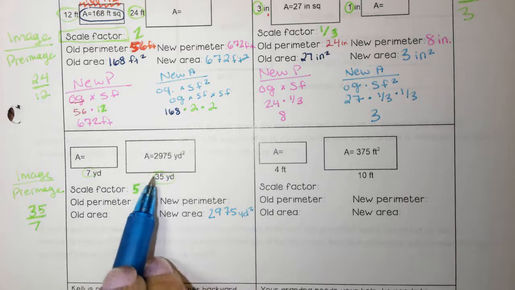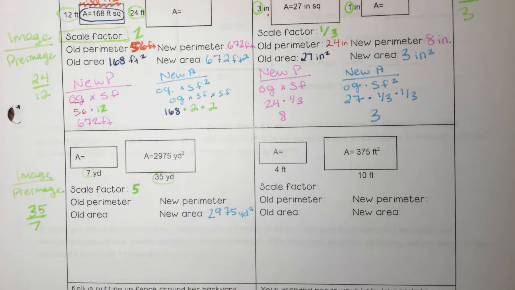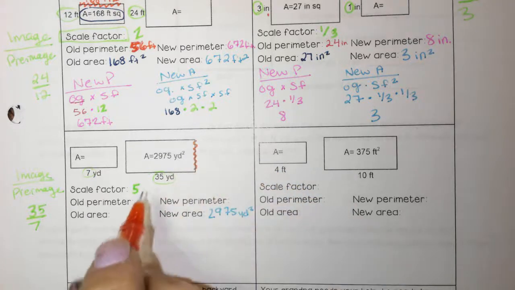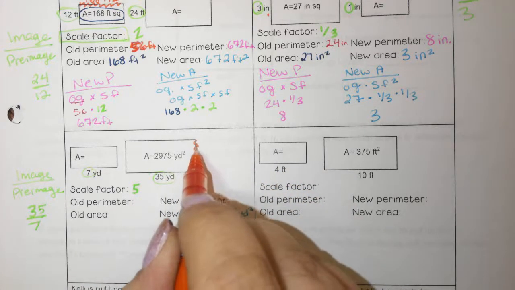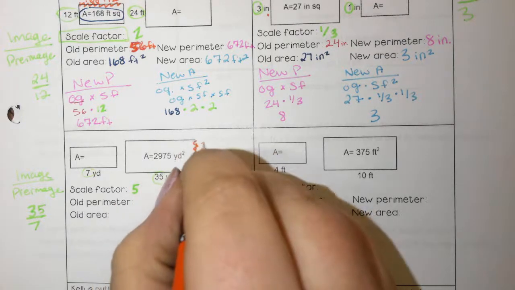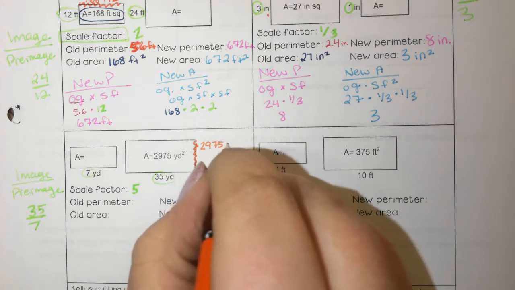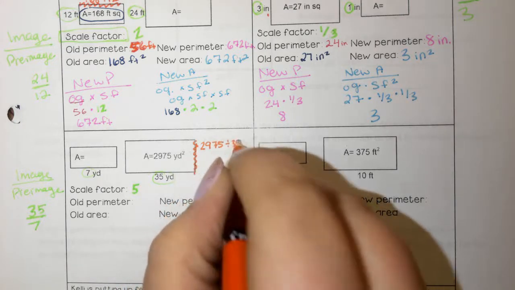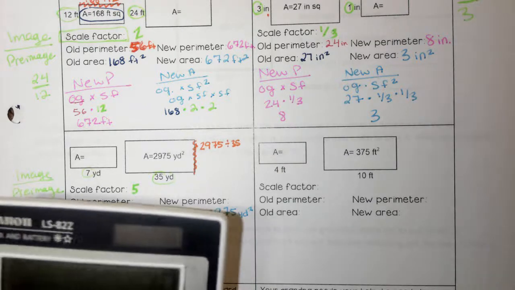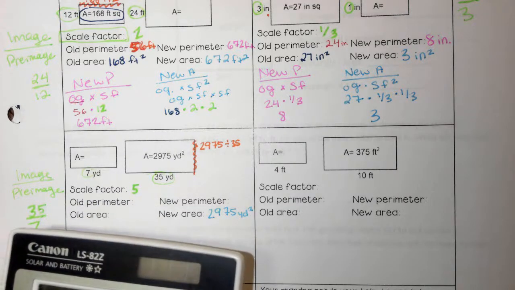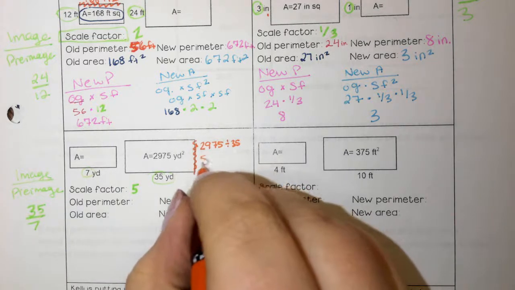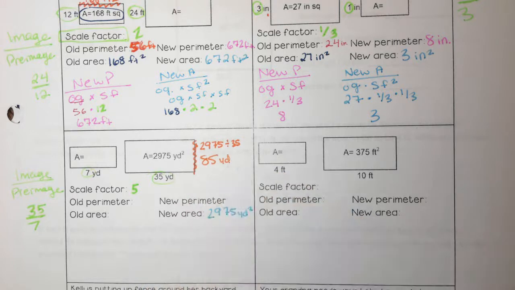I know the area and one side length, so if I wanted to find that missing side length, I just have to know 35 times what I've highlighted in orange will equal 2,975, which means 2,975 divided by 35 tells me that orange side. So we've got 2,975 divided by 35 gets us 85. This orange side is 85 yards.